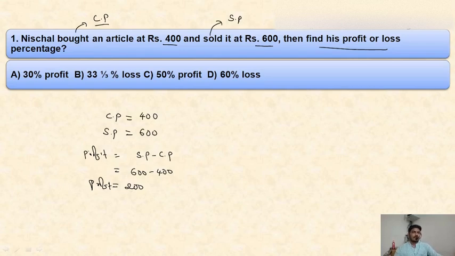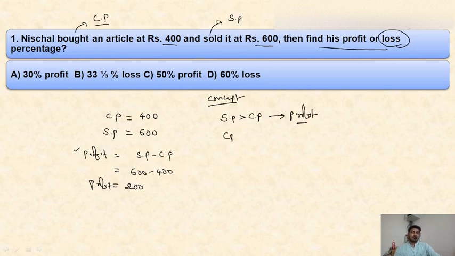Sir, why are you directly considering profit? We have not considered loss here; in the question loss is also present. While explaining the concept in the introduction part, I told you that when the selling price is greater than the cost price, you definitely get a profit.